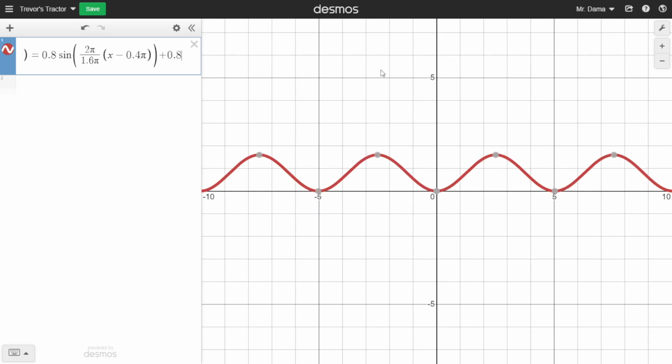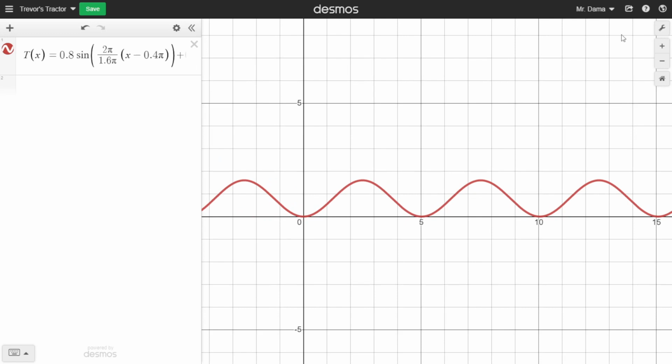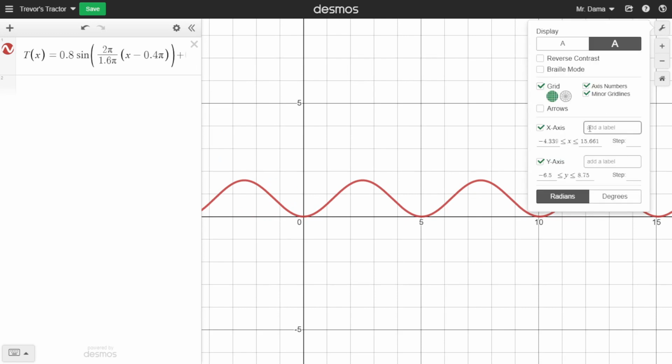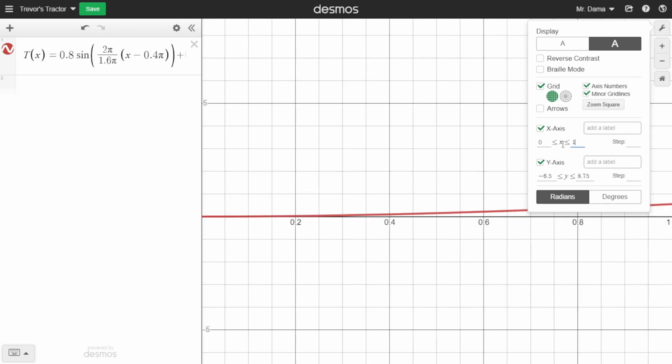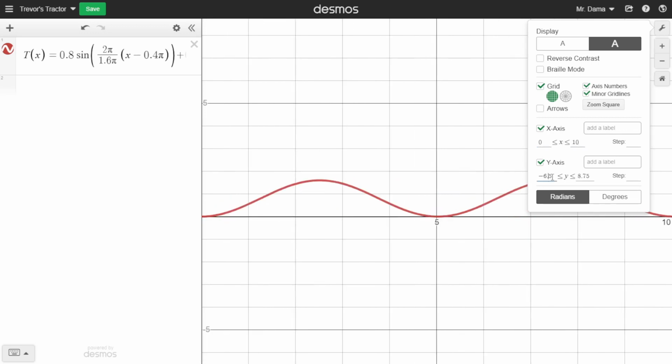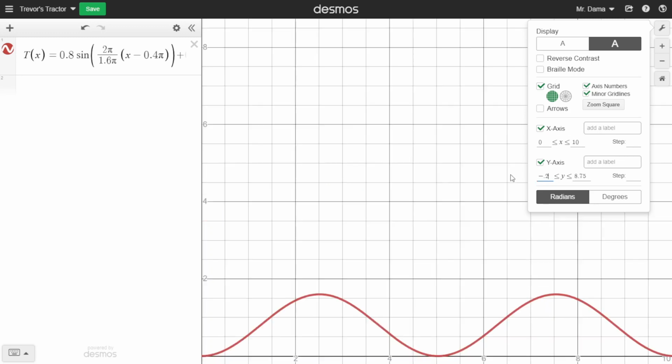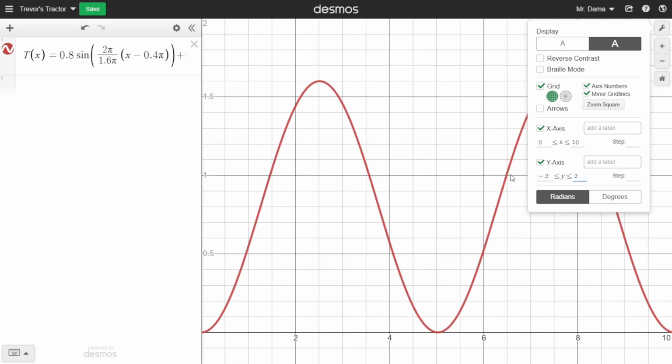Okay, let's just move this along and see if that makes sense. And we'll just change the settings, and we'll make the x go from, once again, 0 to, say, 10. Let's go y from negative 0.2 to maybe 2, so we can just see that model.